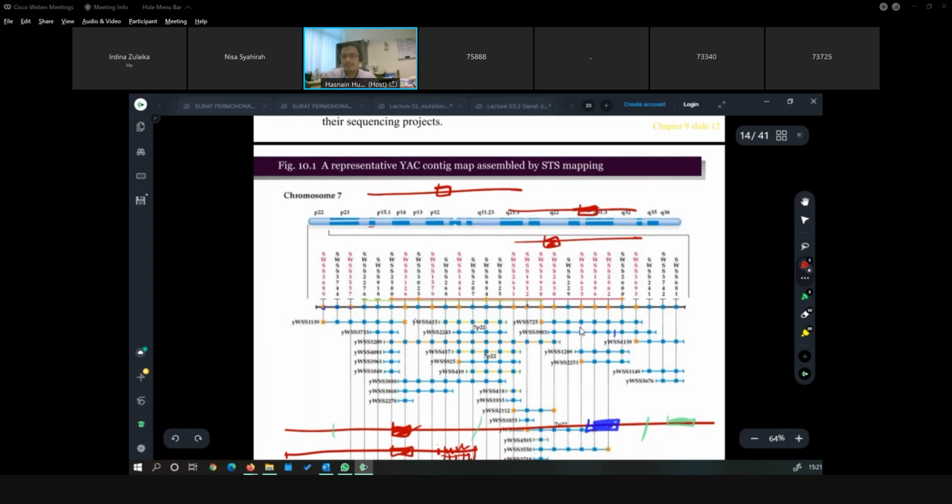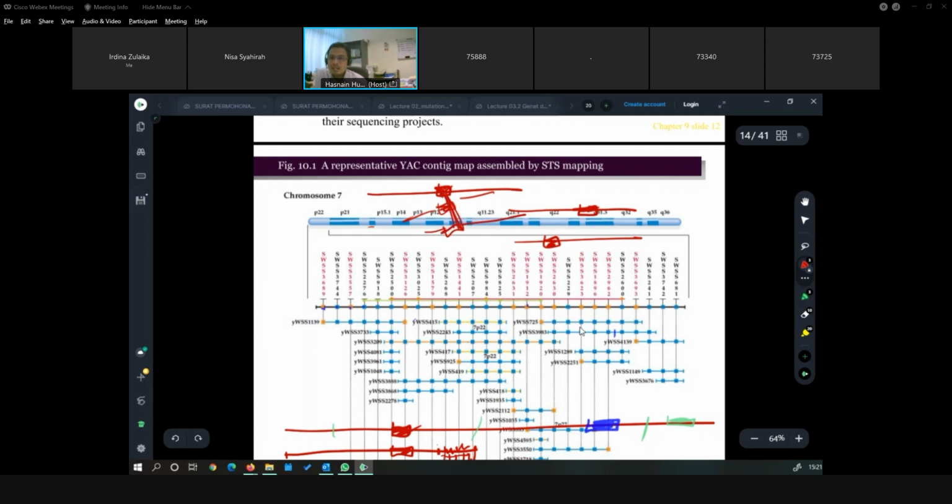Okay, but then I don't know whether it belongs to the same position or not, because they have the same marker. Theoretically, if they belong to the same original position, I will be able to arrange them like this, because the same marker, right? This one will be like this. Okay, so because they are the same marker.